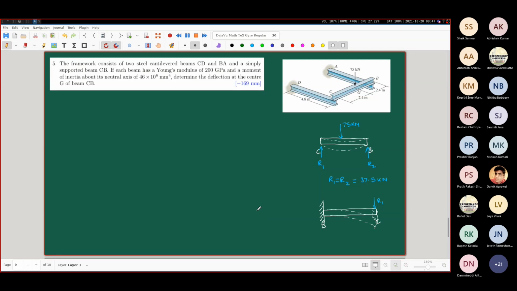Okay, so this kind of an addition or superposition is literally referred to as the method of superposition.